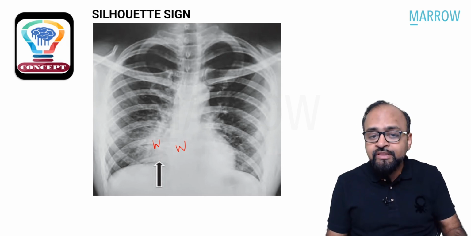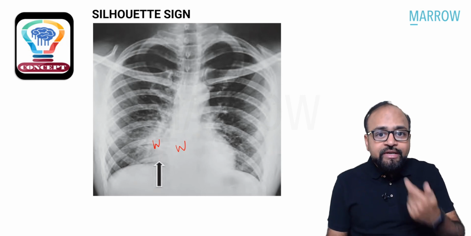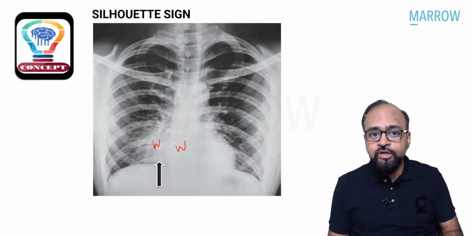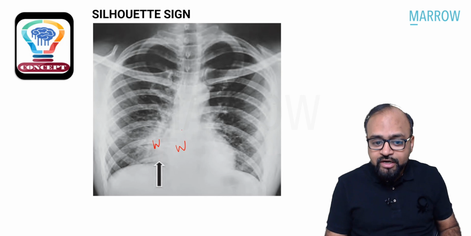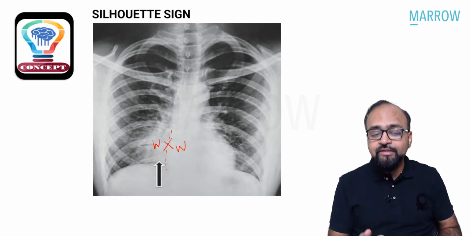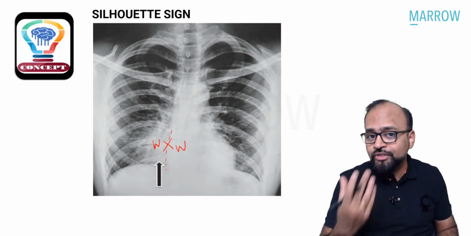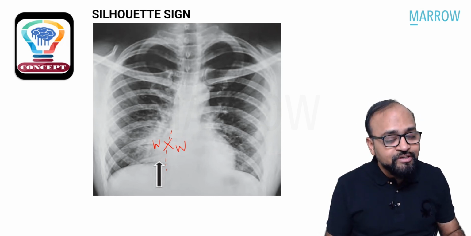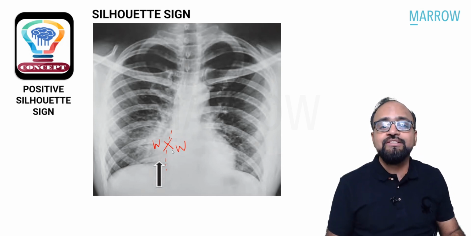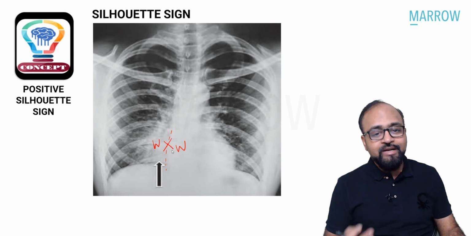So in between them, look at this radiograph carefully. Tell me, are you able to identify a sharp right heart border? No, the right heart border here, which should have been visible over here like this, is not seen. Given that a particular sharp margin which is always seen on a chest radiograph is not seen here, this is what is called the positive Silhouette sign.